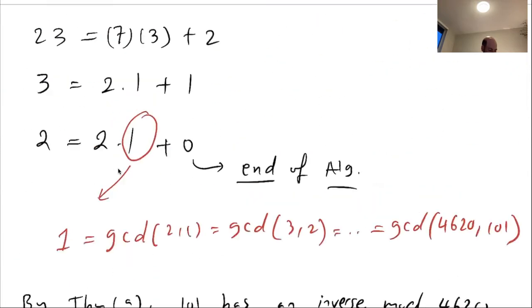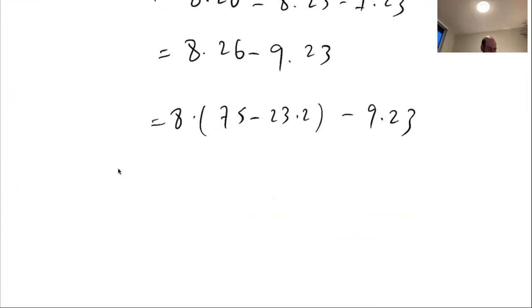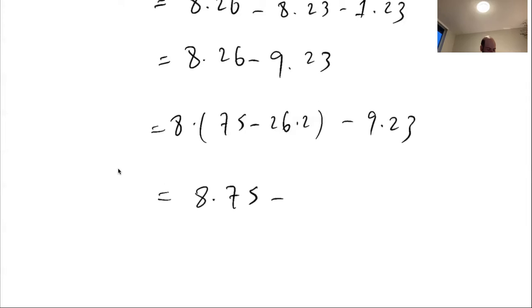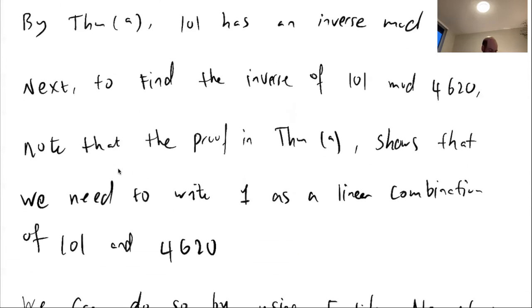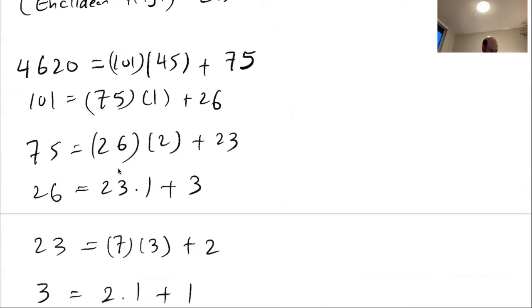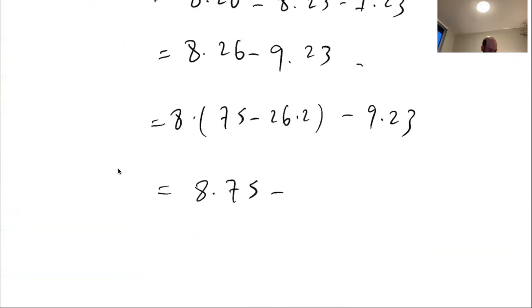Minus 75 minus 26 times 2. So minus 26 times 2. And then this one we can write as 8 times 75 minus... sorry, I think I made a mistake. 23 could be written as 75 minus 2 times 26. So I have to replace this guy.